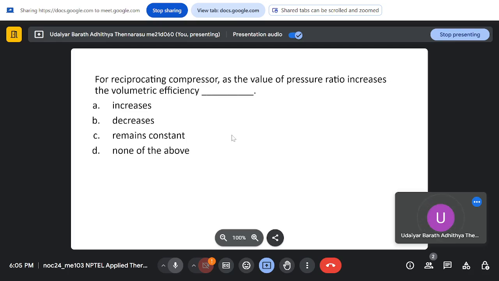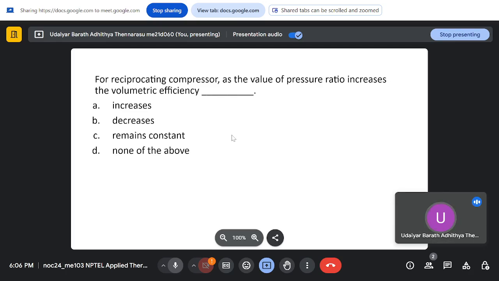Next is: for a reciprocating compressor, as the value of pressure ratio increases, the volumetric efficiency dash: A. increases, B. decreases, C. remains constant, and D. none of the above. So if your pressure ratio increases, what happens to the volumetric efficiency? That's what is being asked.